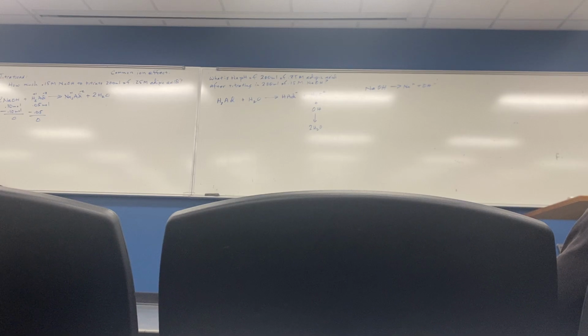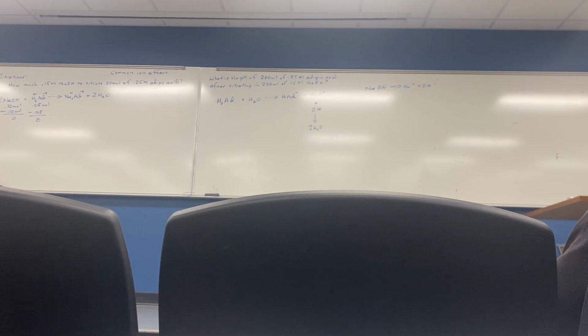And remember, H2O going to H3O plus and OH minus, that's KW, which is 1 times 10 to the minus 14th, so this reaction would be 1 over 10 to the minus 14th, which is 10 to the 14th. So this reaction essentially goes to completion.